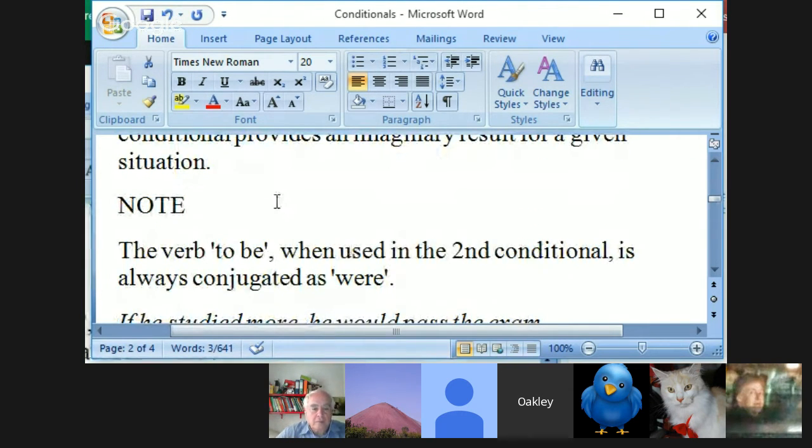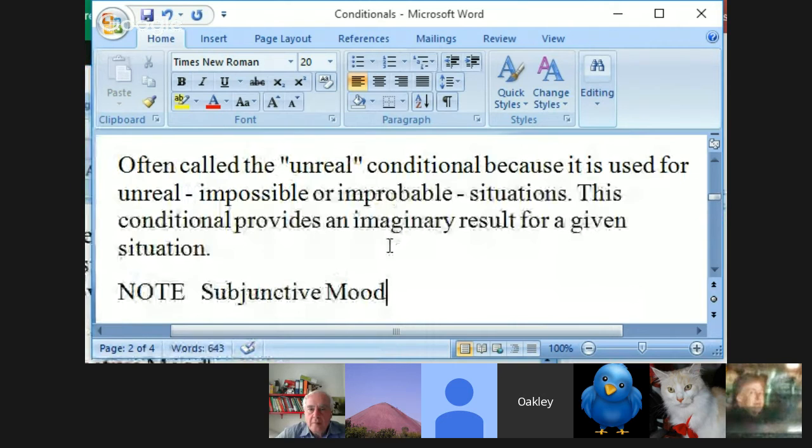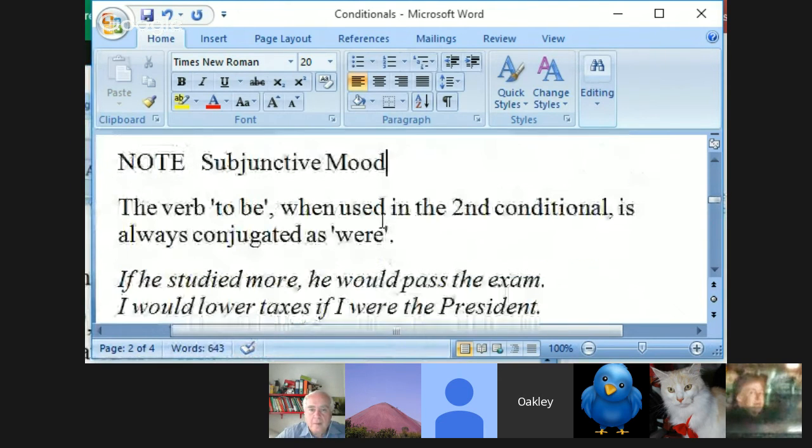There are special things to note about this. Because it's imaginary, we need the subjunctive mood instead of the indicative mood.